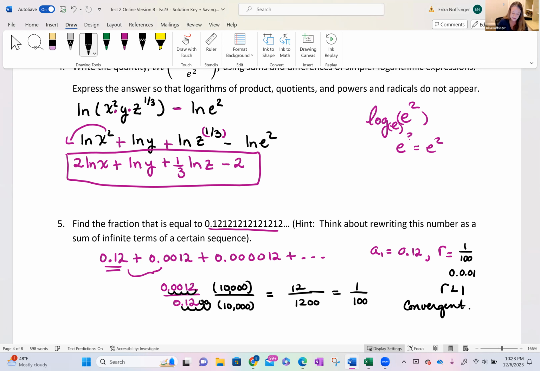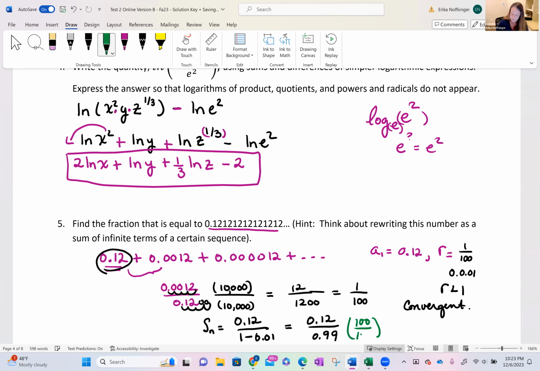The formula is a sub 1, which is 0.12, all over 1 minus r, so 1 minus 0.01. So this is 0.12 all over 0.99. Again, let's clear our decimal within our fraction.